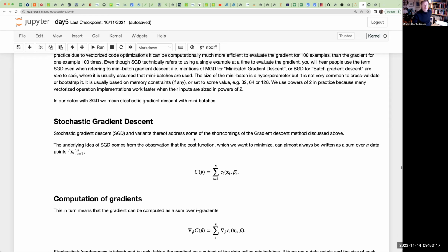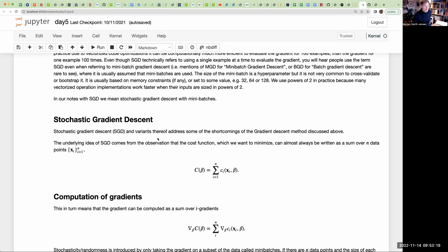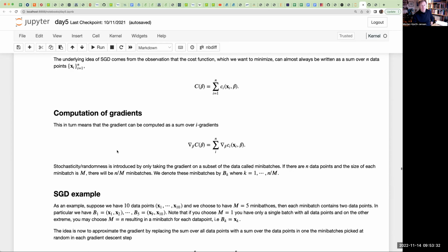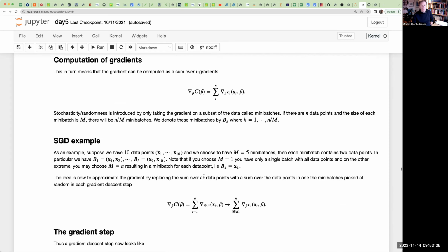So the stochastic gradient descent is a way to circumvent the calculation or the loop over all the data points in the calculations of the gradients. And the underlying idea is to split your gradient now in terms of small blocks. As an example, just consider you having 10 data points, and then you can choose 5 mini batches.